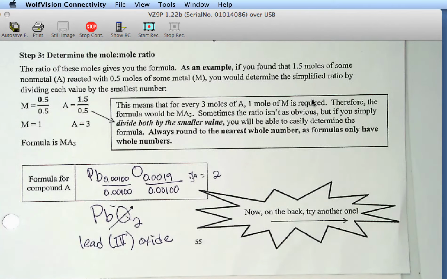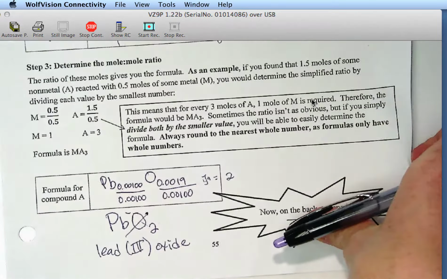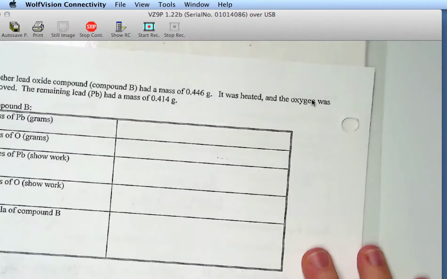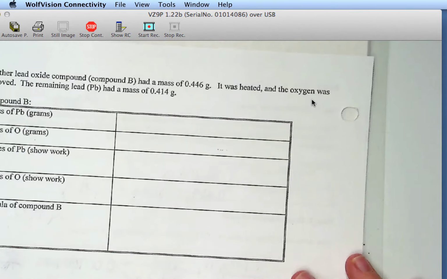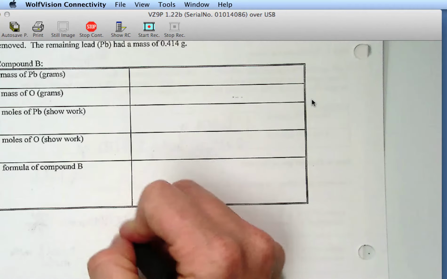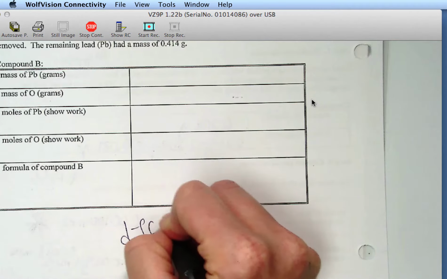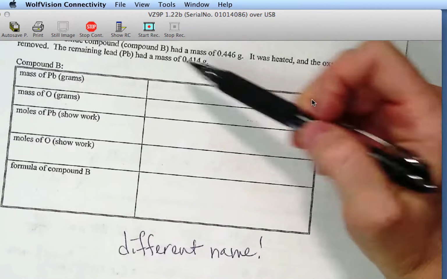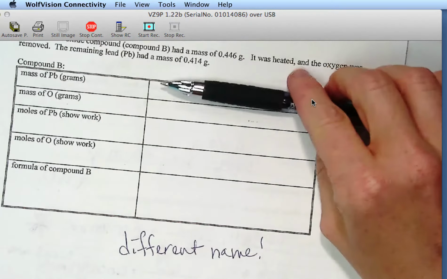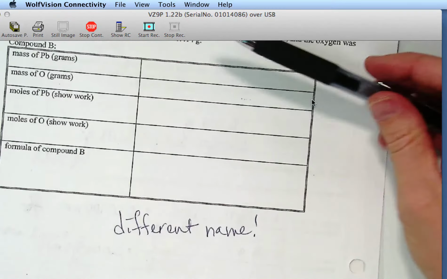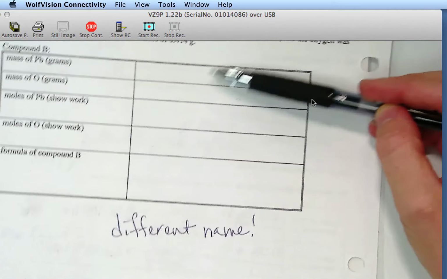Now, on the back of this pre-lab, there is another lead oxide compound, compound B. This is going to have a different name. So that's my hint to you. I want you to work through this one after we're done, but you're going to go through the same steps.